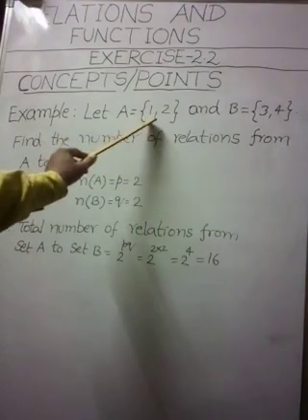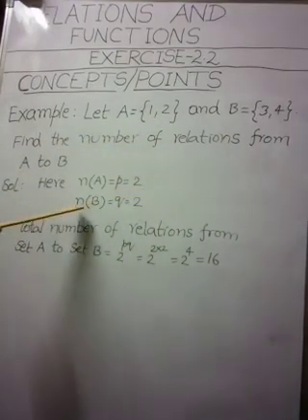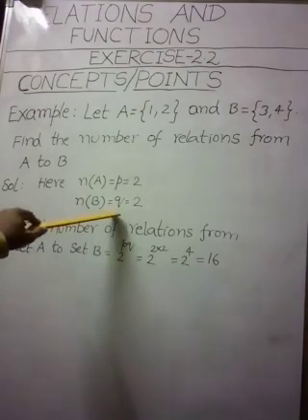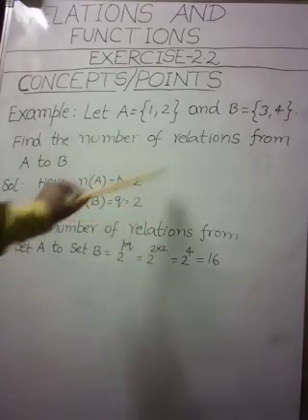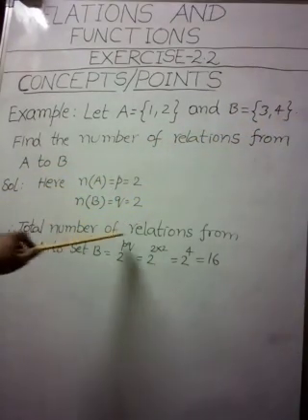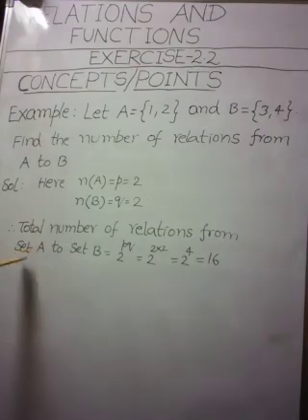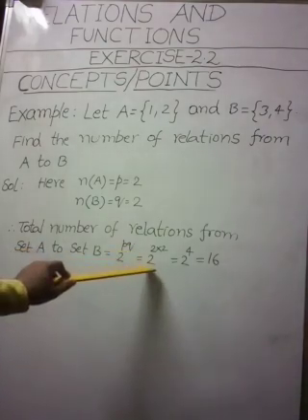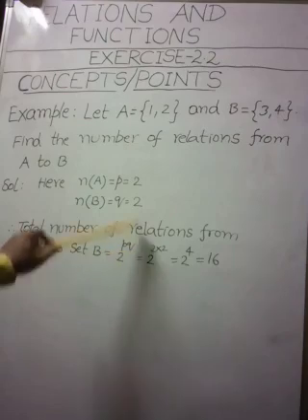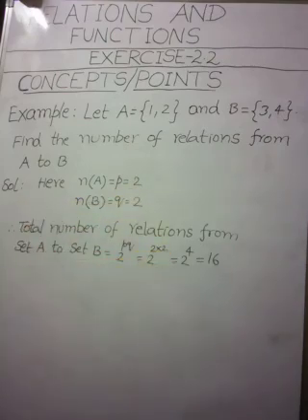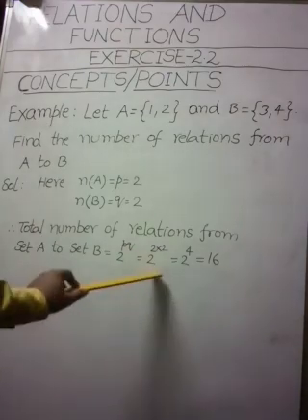How many elements are there? 2 elements are there. n of B denotes number of elements in the set B, that is considered as Q. Q is equal to how many elements are there? 2. Therefore, total number of relations from set A to set B is equal to 2 power PQ, that is equal to 2 power, in this formula, P is equal to 2 into Q is equal to 2, 2 into 2. Understood this step, my dear children?